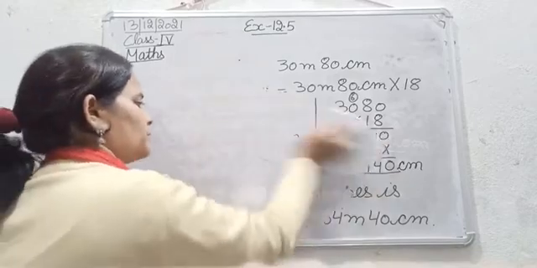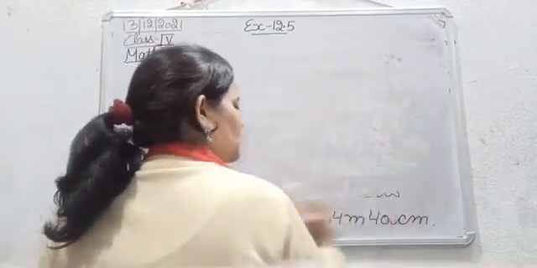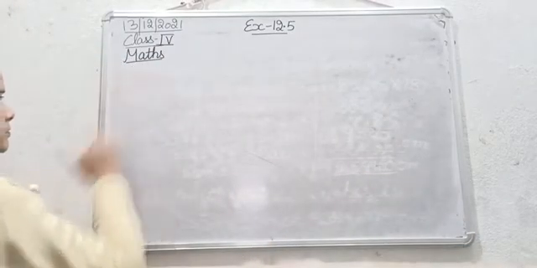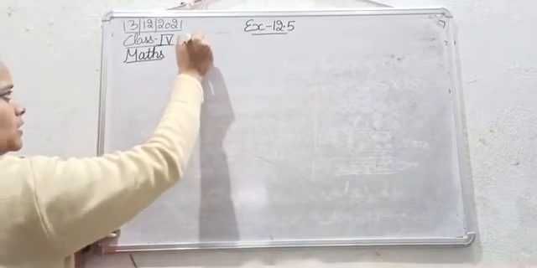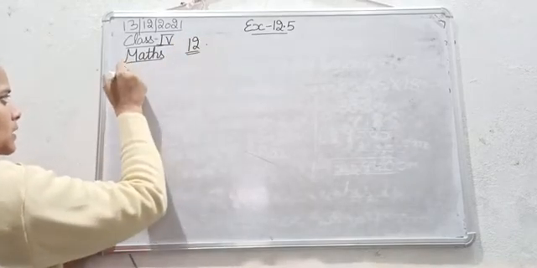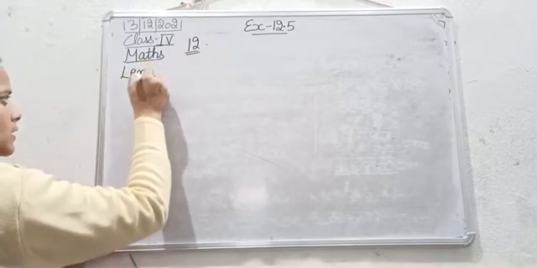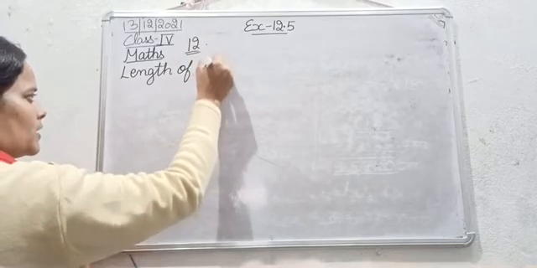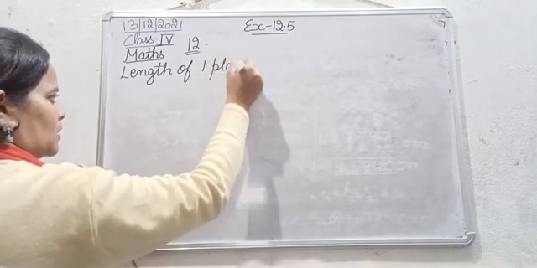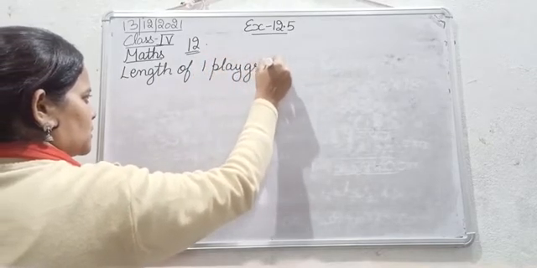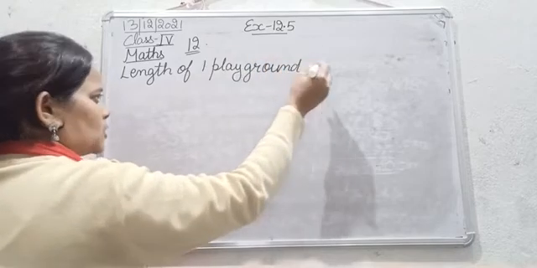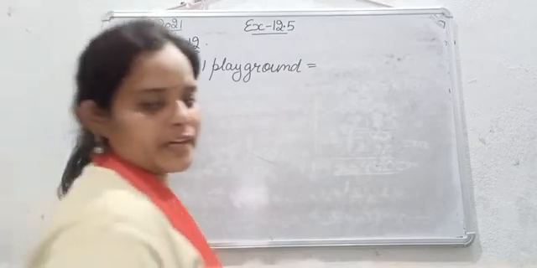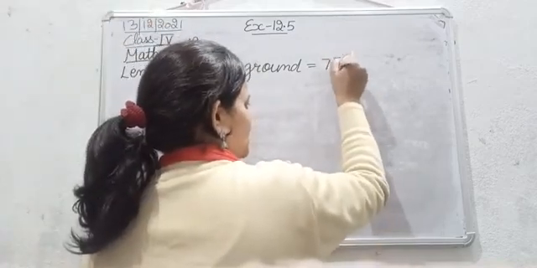Question number 12. Length of one playground is equal to 75 meters 70 centimeter.